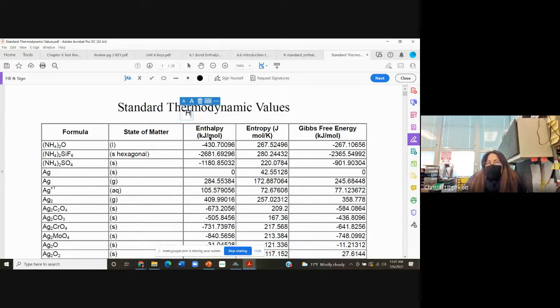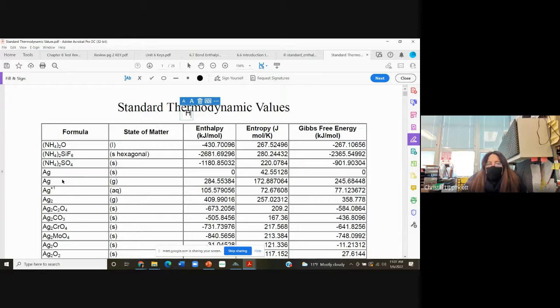So kilojoules per mole is what you're working with. These other two columns you are going to ignore for now. You will need these when we get into Unit 9. You're going to put all three of these together in Unit 9. But right now, all you need to be concerned with is this. Okay?